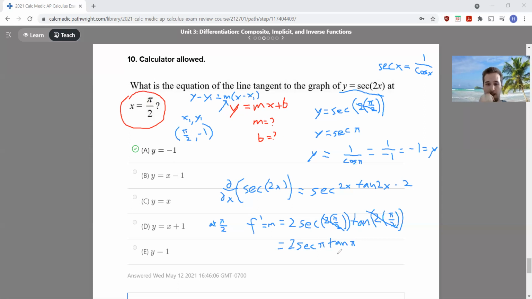We already figured out what secant pi was. Secant pi we solved up here. Secant pi turned out to be -1. So we get 2 times -1. Tangent pi is a little bit more complicated. From the unit circle, they do give you the tangent values, but I often like to just memorize sine and cosine. We know that tangent of x is equal to sine of x over cosine of x.